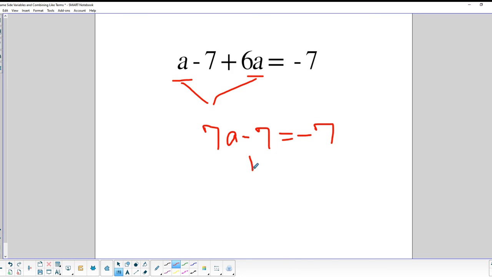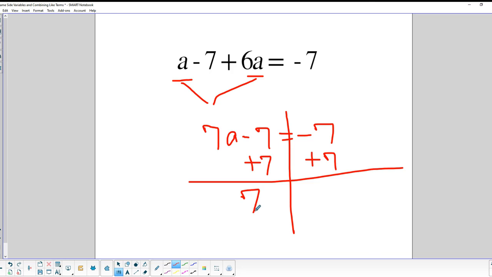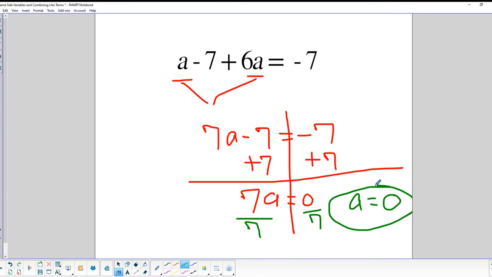So if I add 7 to both sides, after I make my Great Wall of China, I end up with 7a equals 0. Now it turns out if you divide by 7, you end up with a equals 0. So there's that particular problem.